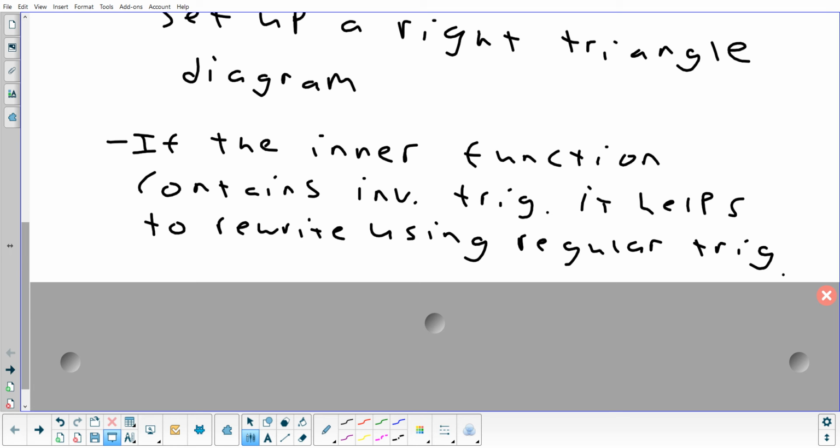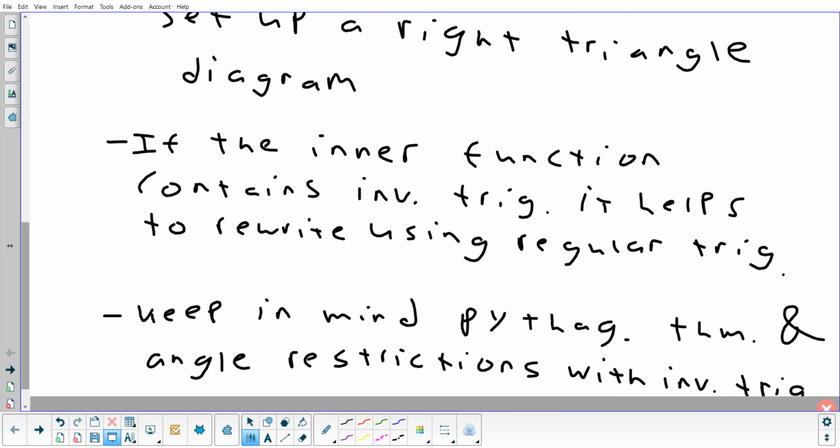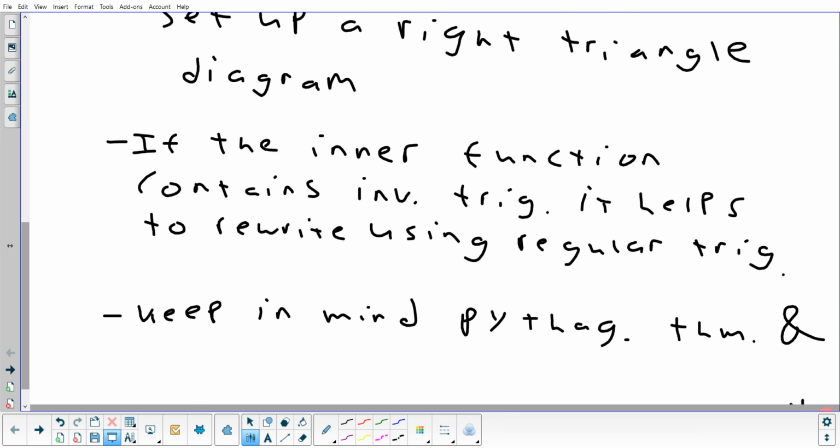Yeah, Eli? Pythagorean? Yeah, the Pythagorean Theorem. So the Pythagorean Theorem will be something that we use as well. It's important that we really understand the theorem because we're going to use the theorem without any numbers. Okay, we're going to use it with all letters. So keep in mind the Pythagorean Theorem as well.